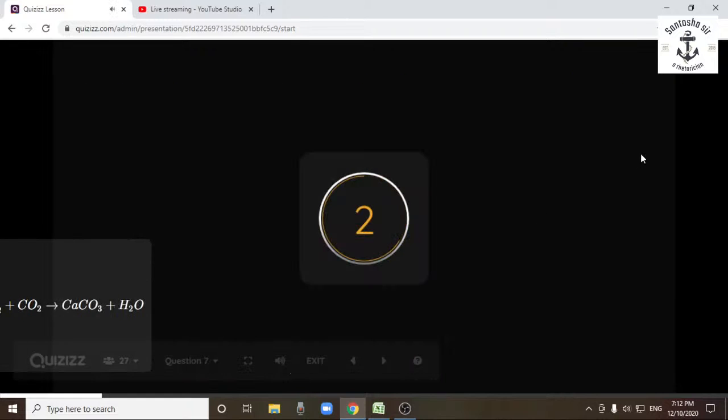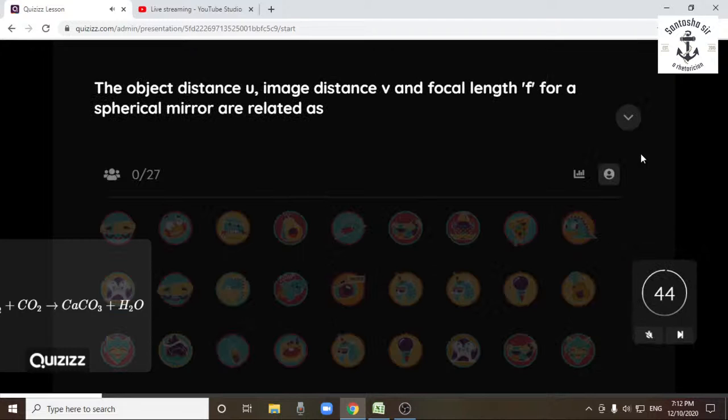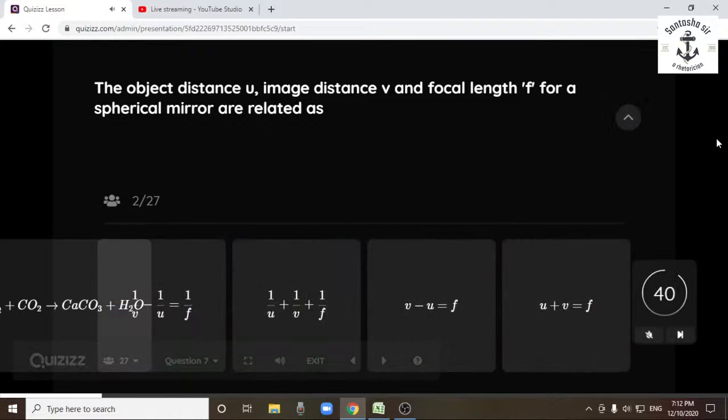Question number 7. Object distance u, image distance v, and focal length f for a spherical mirror are related as. 25 seconds.